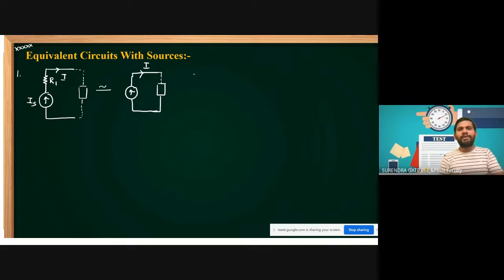One point to remember here, friends: a resistor in series with a current source is neglected.